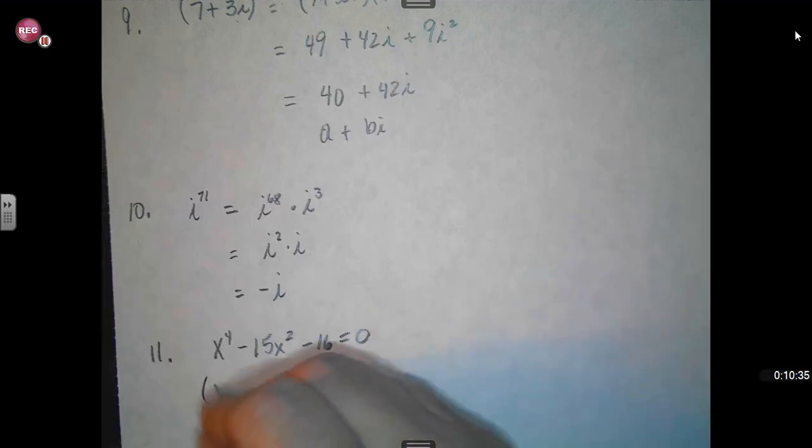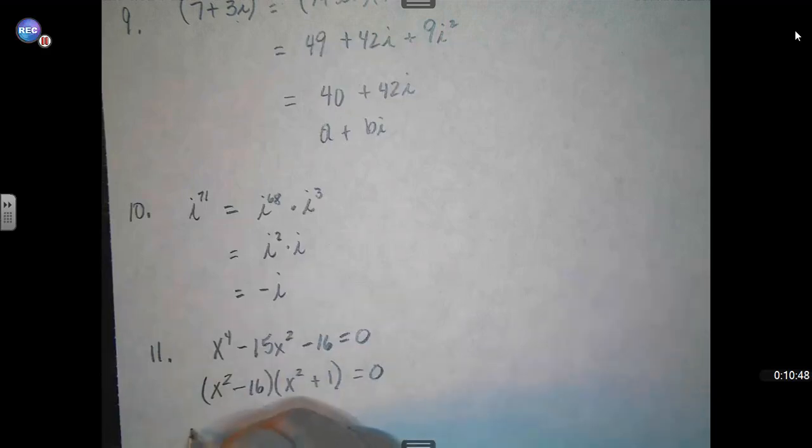Number 11, we have x to the fourth minus 15x squared. And I'm going to go ahead and move that 16 to the other side, get it set equal to 0. This is of the quadratic form, so it's going to be x squared minus 16 times x squared plus 1. And then x squared minus 16, I can set that equal to 0.